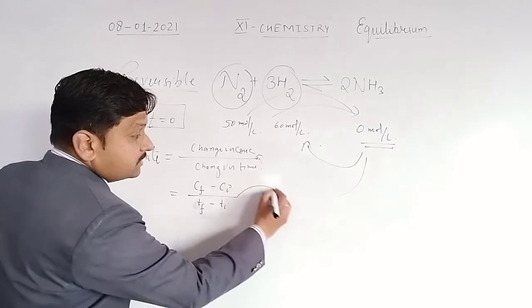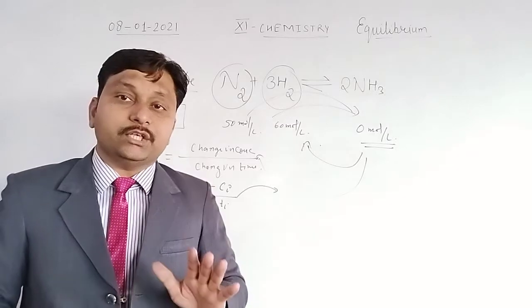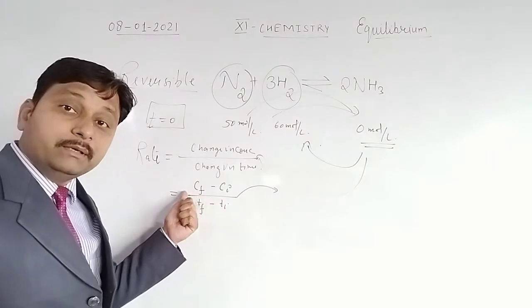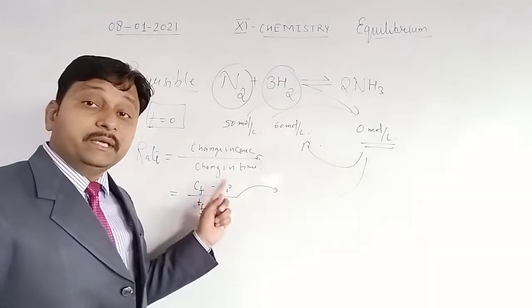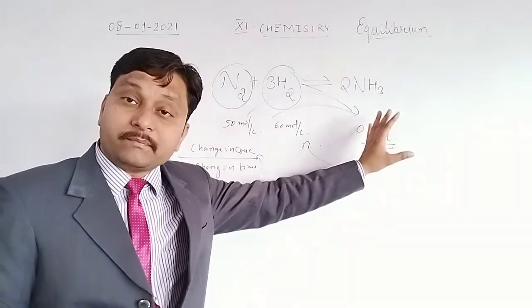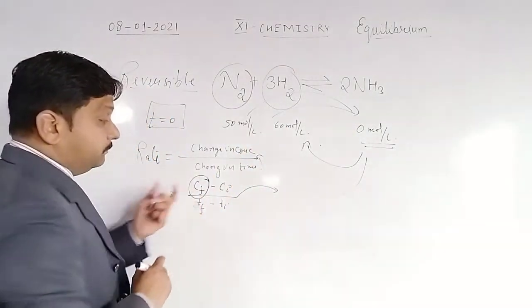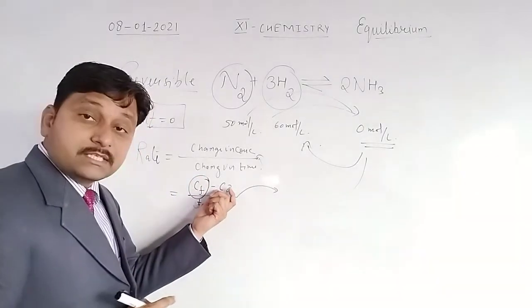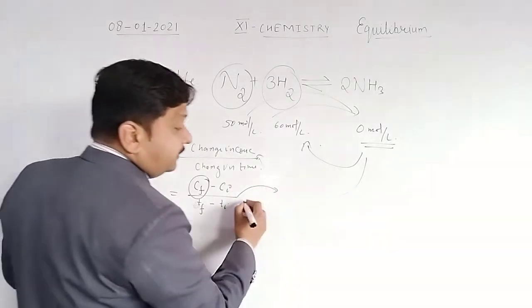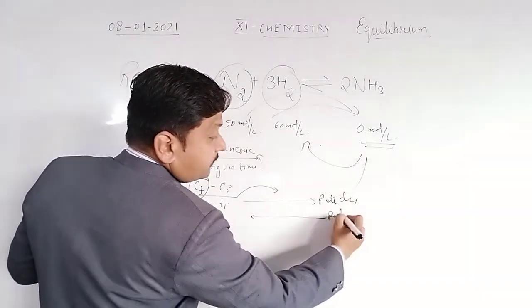So as the time passes, the rate of the reactant continuously decreases, because the final concentration will be low and the initial concentration will be high for reactant. But if we talk about any of the product in the reversible equation, it means the final concentration must be high and initial concentration must be low. It means with the increase of the time, reactant rate will decrease and product rate will increase.